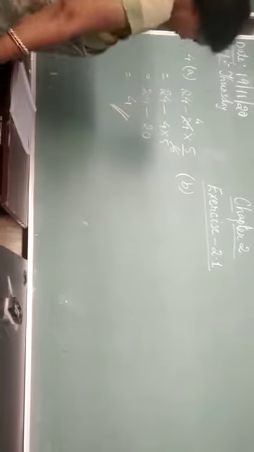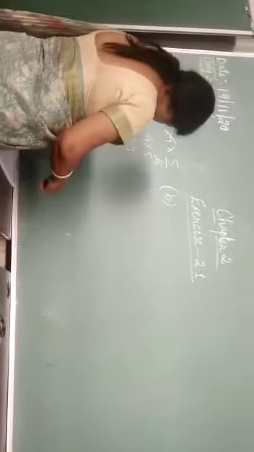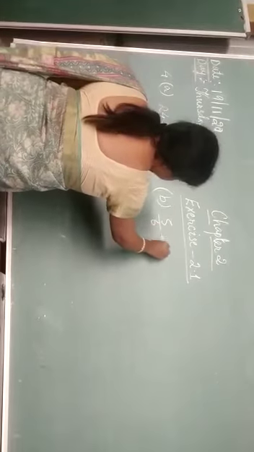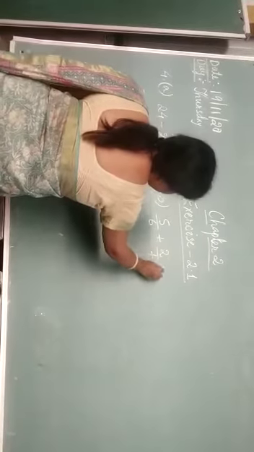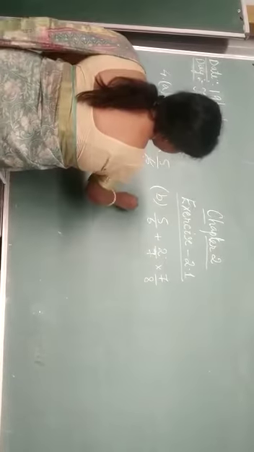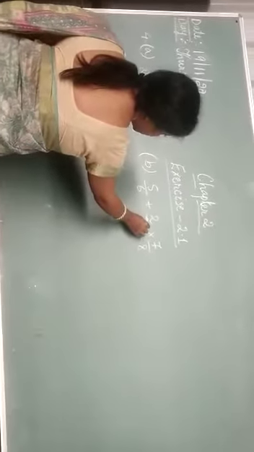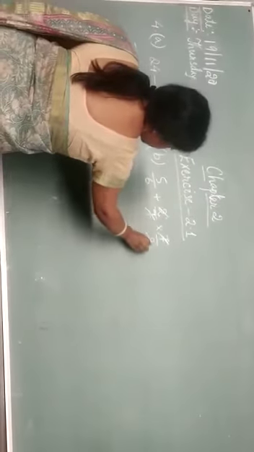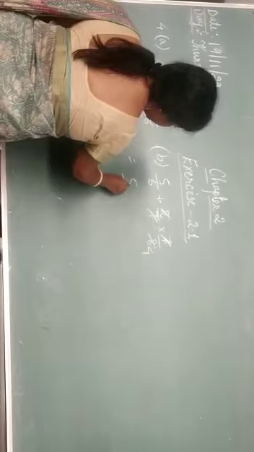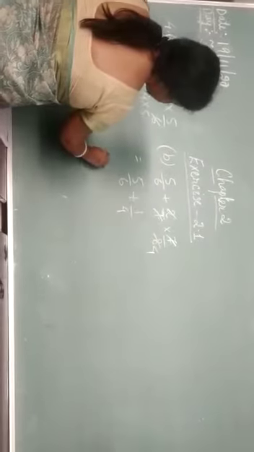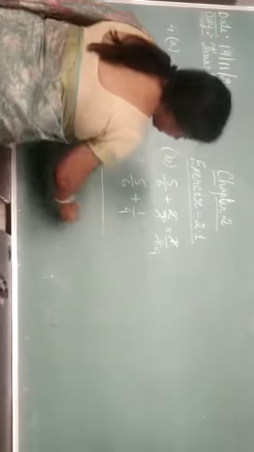Number B. Number B is 5 by 6 plus 2 by 7 into 7 by 8. So we will simplify it. 7 and 7 can get cancelled. 2 4s are 8. So what is the remainder? The remainder is 1 by 4. Now we have to find out the LCM.